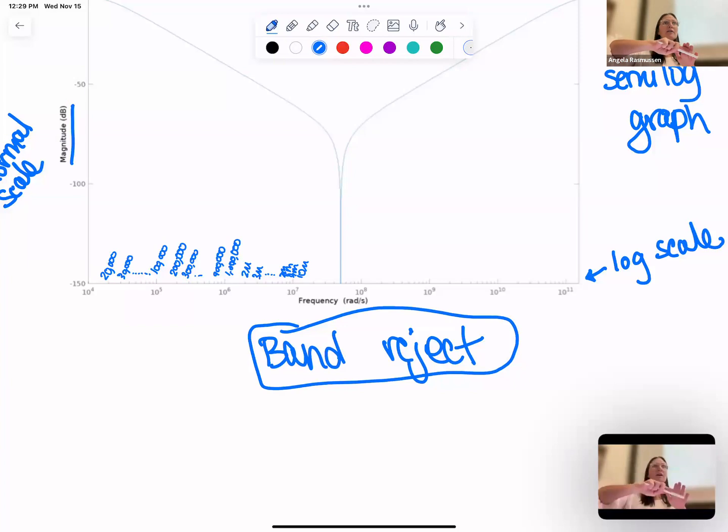For the band pass, high pass and low pass, it's going to be a smooth curve up and down. If it's not logarithmic, it doesn't look like that. That's why we still use the logarithmic scale down here, so we can identify these patterns. That is the standard.